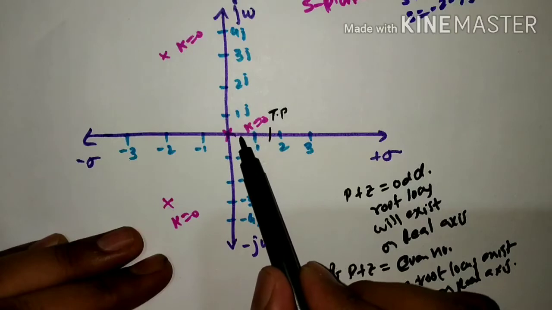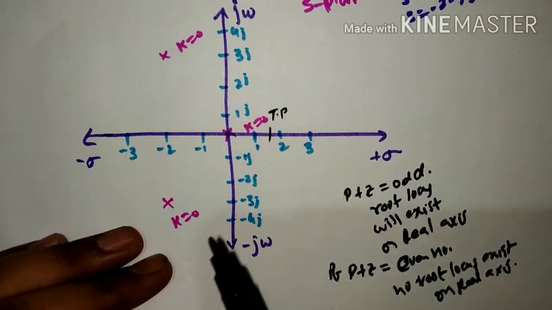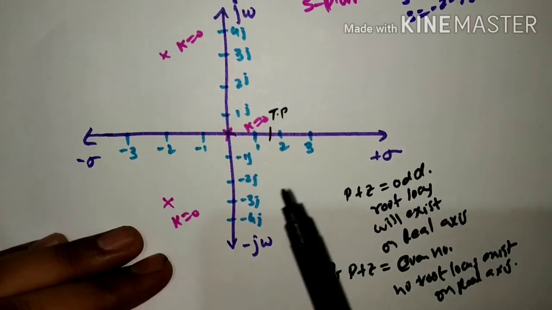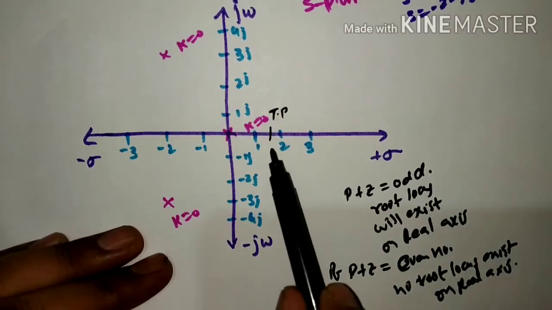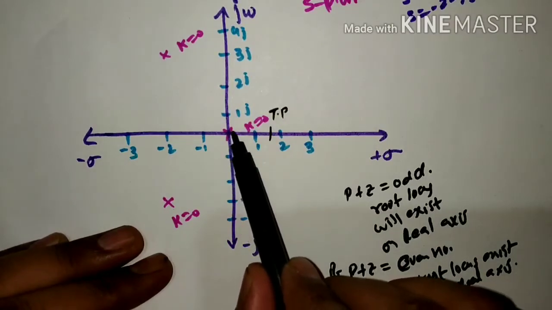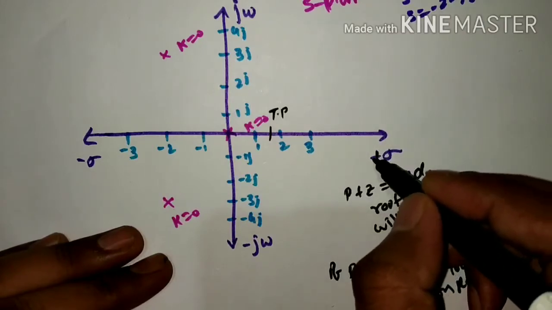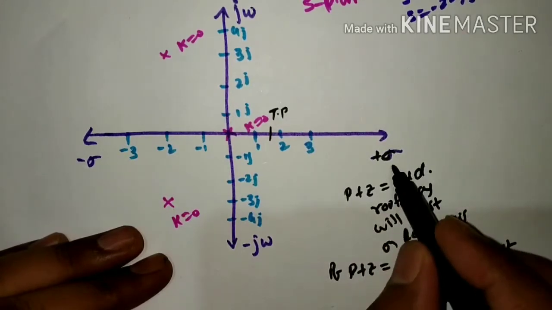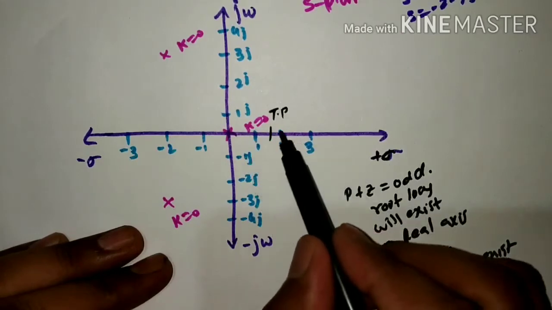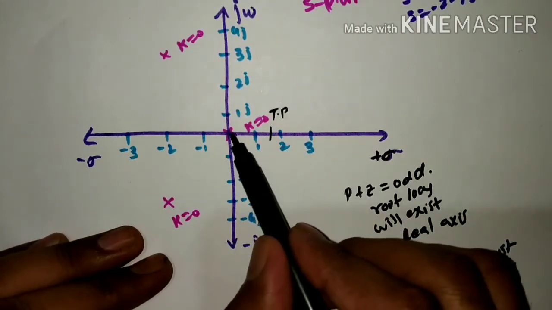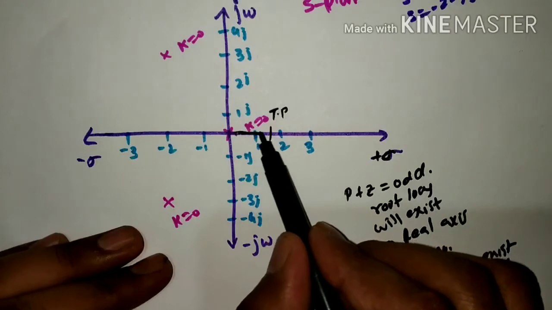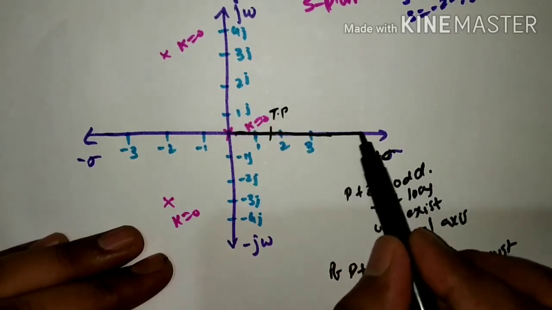So this entire positive real axis does not belong to the root locus path, since the sum is 0.